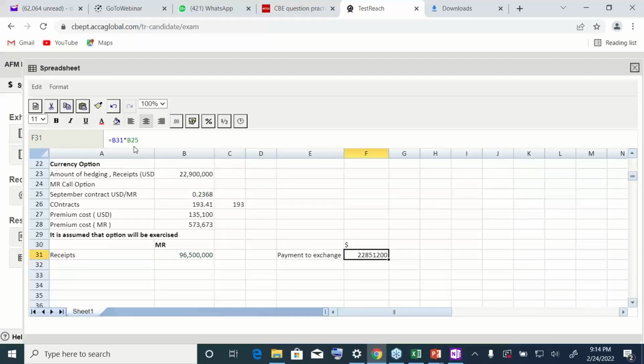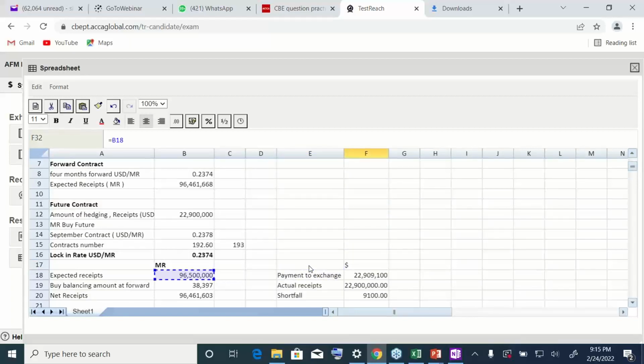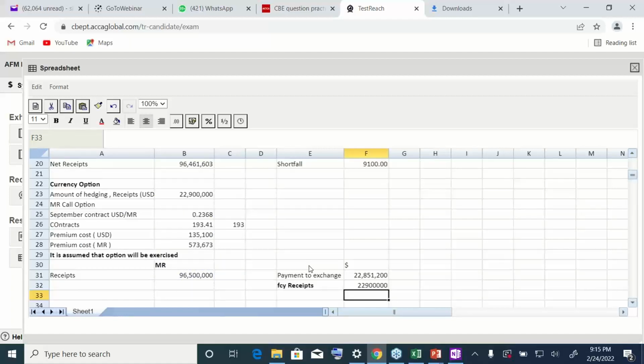You are going to pay 22.85 million. How much are you receiving? Sir, we are receiving 22.9 million.